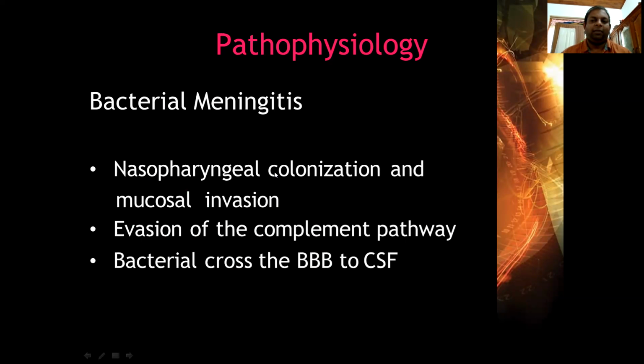Pathophysiology of bacterial meningitis. The bacteria should penetrate the blood-brain barrier to reach the meninges or CSF. There are different pathways. It can be nasopharyngeal colonization and mucosal evasion, leading to evasion of the complement pathways.